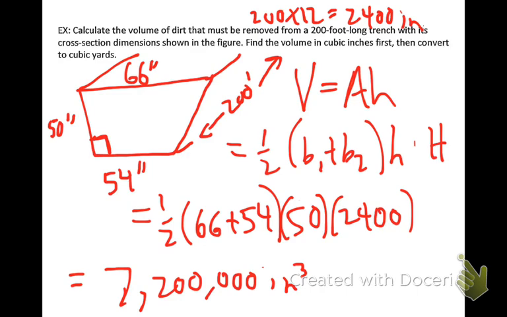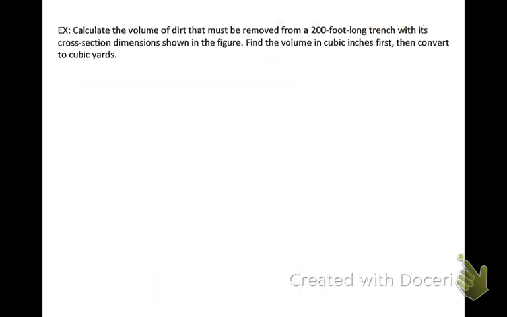Alright, now we have to convert the 7,200,000 inches cubed to yards cubed. So to do that, we take 7,200,000 inches cubed and we multiply it times, we got to convert the inches to feet.